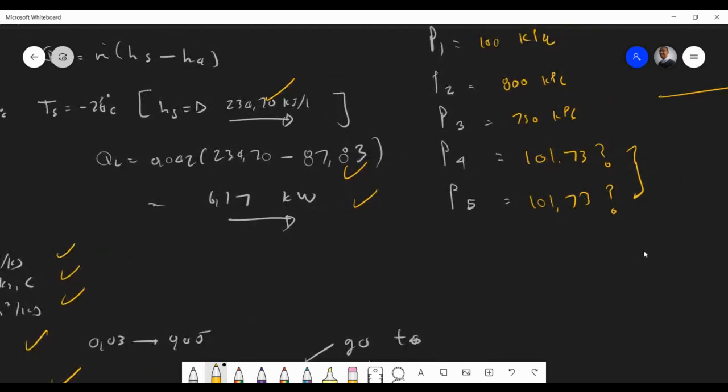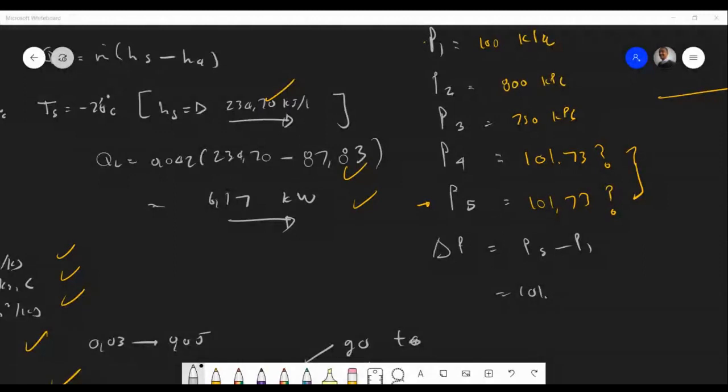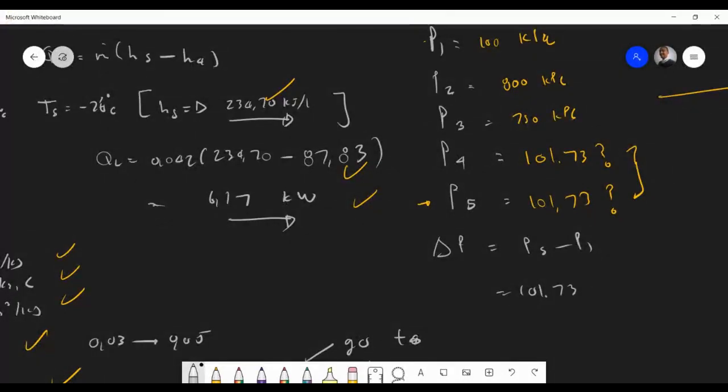However, there is a pressure drop occurring from 0.5 to 1, which is entry to the compressor, after the evaporator. The pressure drop is going to be P5 minus P1, which is 101.73 minus 100.